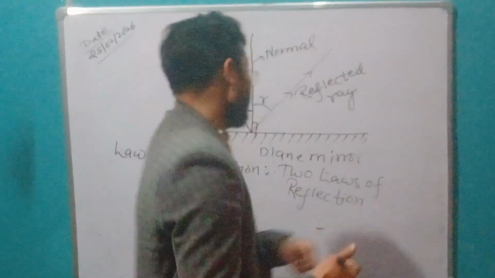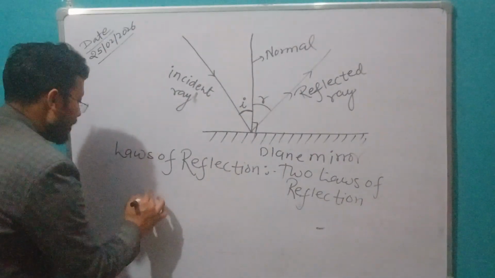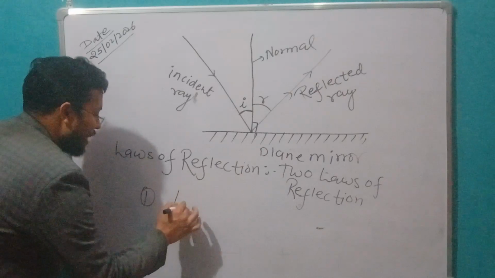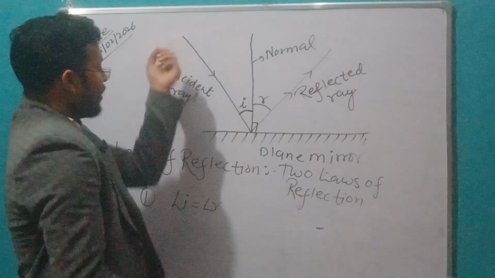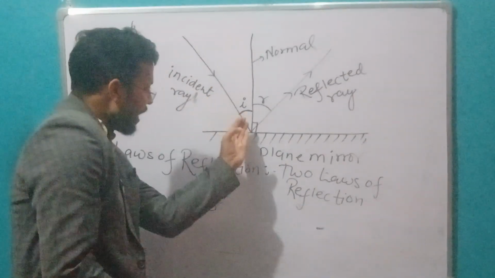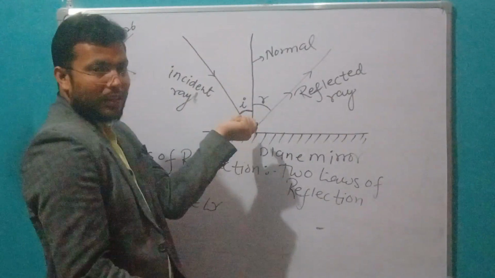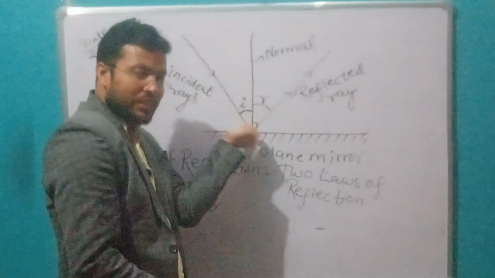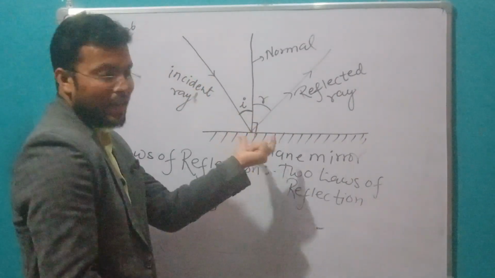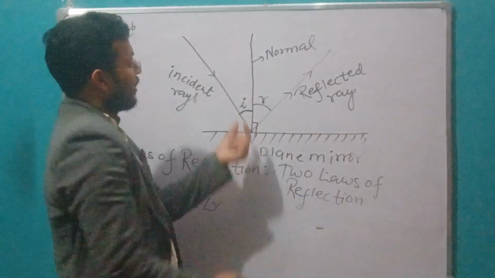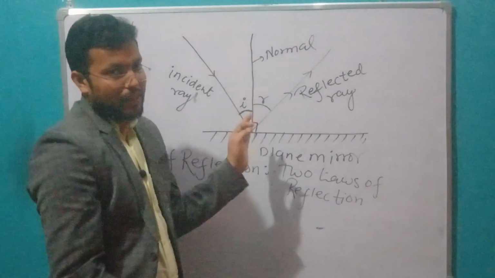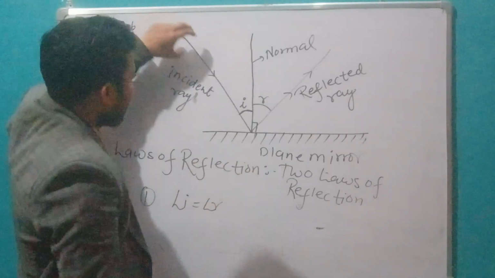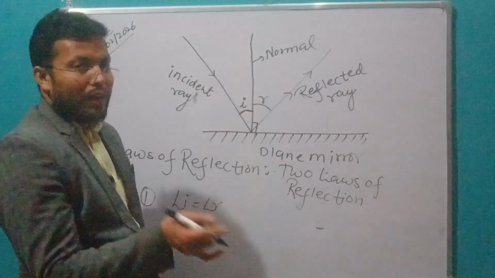The first law is that the angle of incidence is equal to the angle of reflection. The ray falling on the point of incidence on the plane mirror makes an equal angle with the reflected ray.